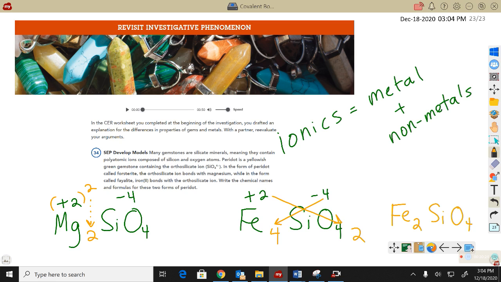SiO4. Both metals, magnesium and iron, were +2, so they should give you very similar formulas. But I only worry about simplifying and charges if it's ionic, meaning there's a metal. The covalents are really that easy. Just let the prefixes tell you how many atoms of each element are in the compound.